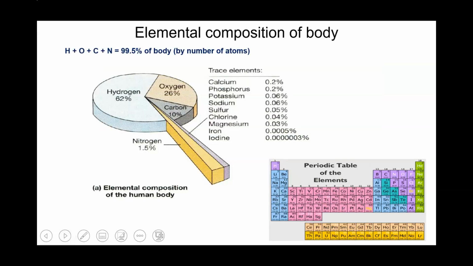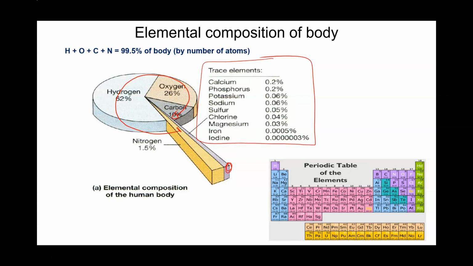If we take a look at this image right here, we can see the nitrogen, hydrogen, carbon, and oxygen that makes up 99.5% of your body, and you can see just this tiny slice right here is made up of what we call trace elements, things like calcium and phosphorus and potassium and sulfur and so on. Some of them exist in really small quantities, even though they're necessary for you to live. So even though iodine exists in very small quantities, without it, you would die.